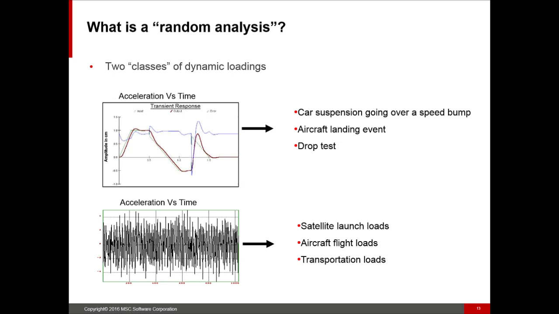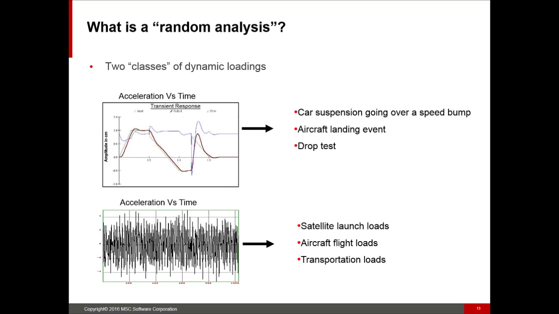Satellite launches are really good. Basically, all their loads are going to be assessed this way. Aircraft also has a large component of its analysis that is usually subject to this, but they of course have a lot of other loading where they've made the assessment that, based on most events, it's going to be basically a static type of analysis.